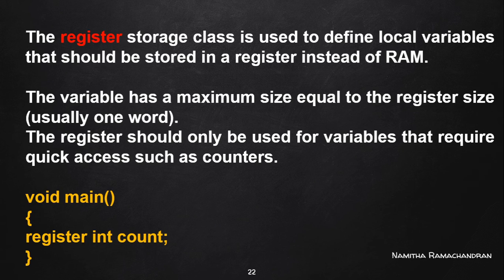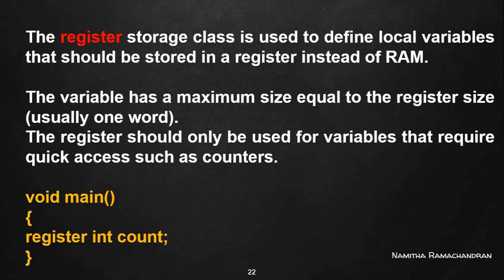So if we want to provide some information quickly to our processor, then we can allot space in our register set instead of allotting space in primary memory.